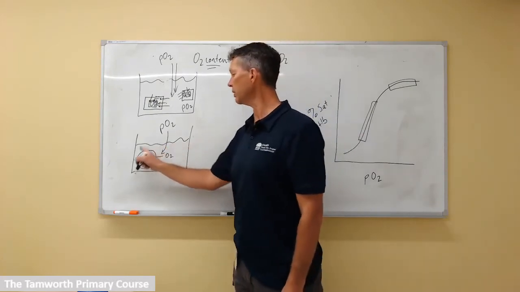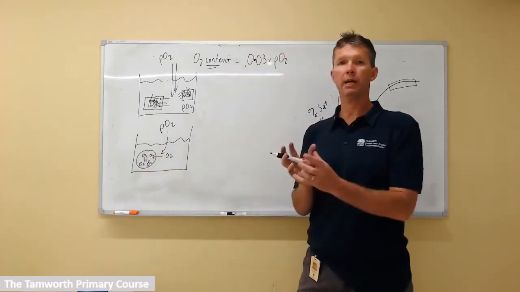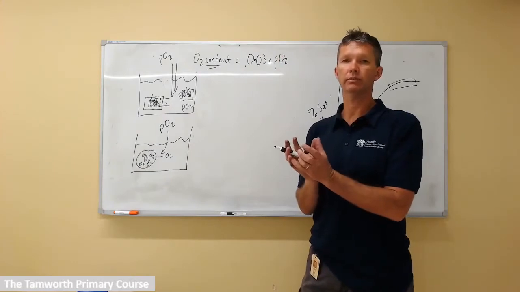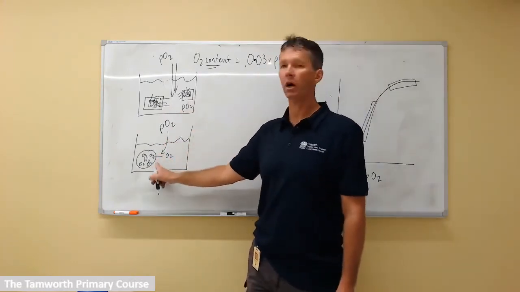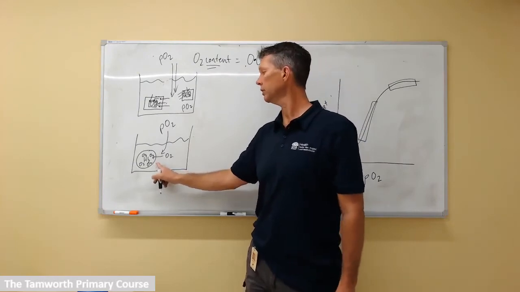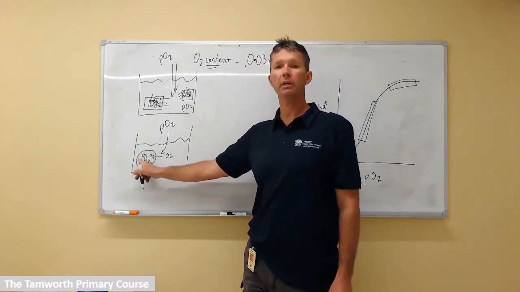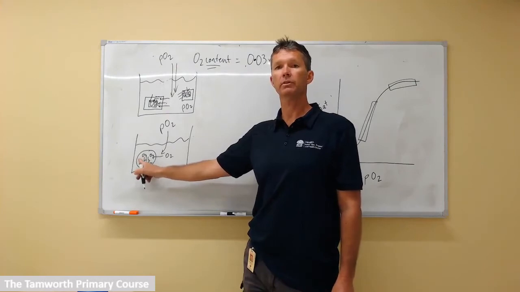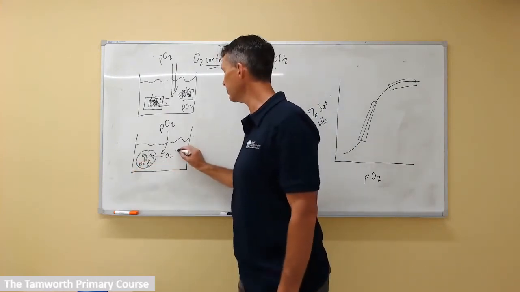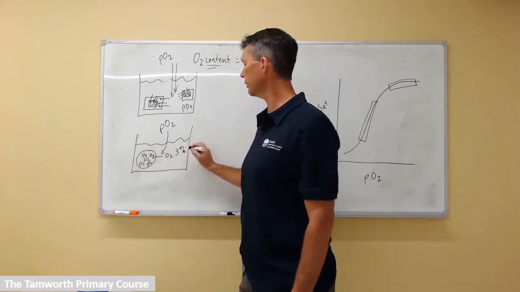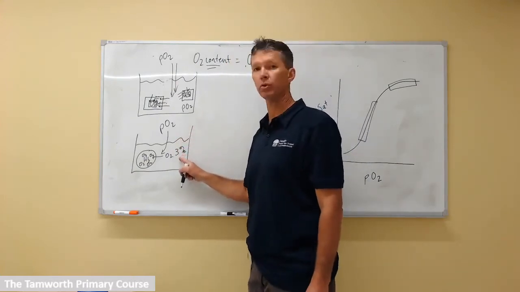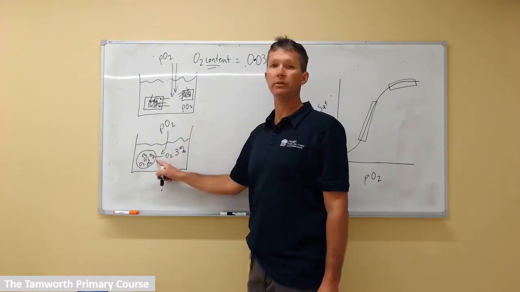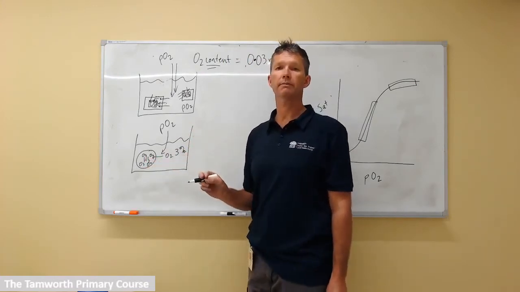So what we've done by doing this is making this blood heavier with oxygen. Rather than just 3%, we've added a whole lot more oxygen into this compartment here, into the red cells. That still only sits at 3% dissolved in here, but there's a flux, a transition through the liquid phase into the compartments.